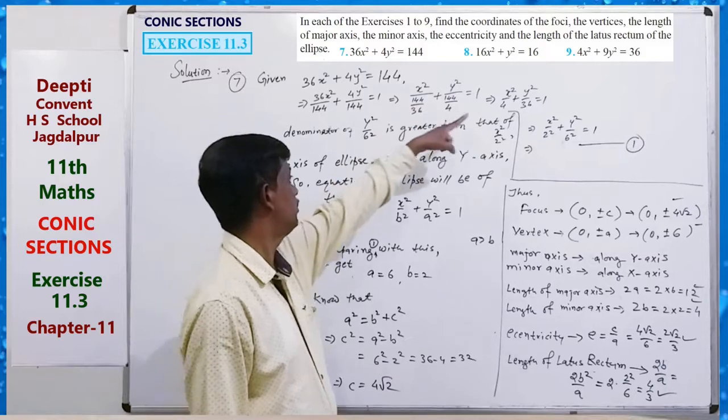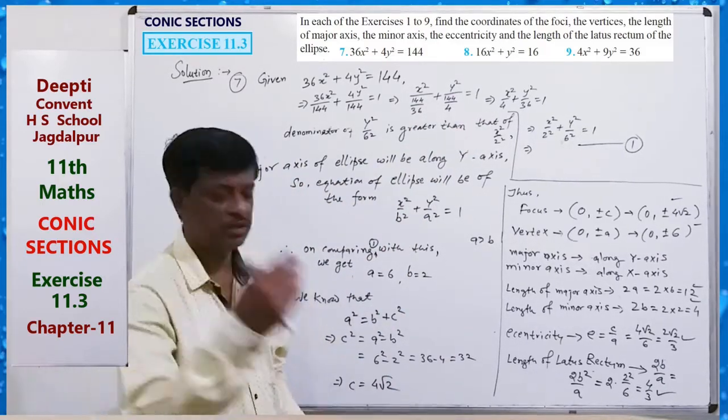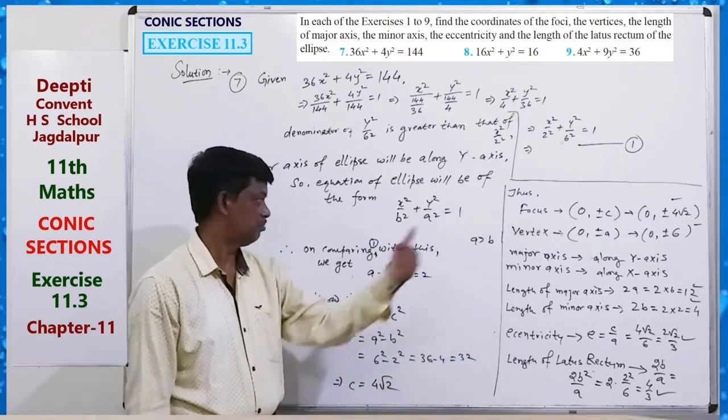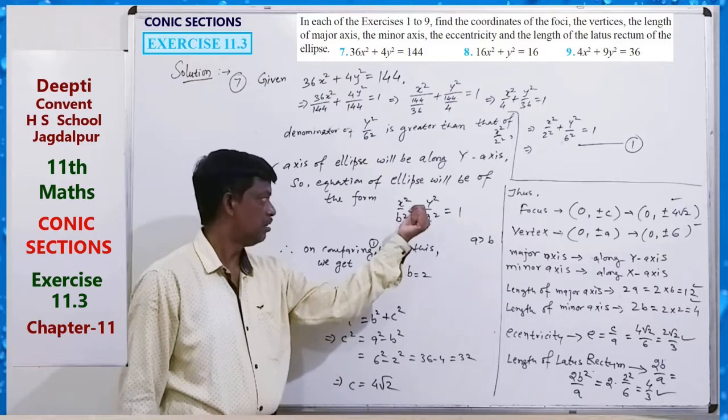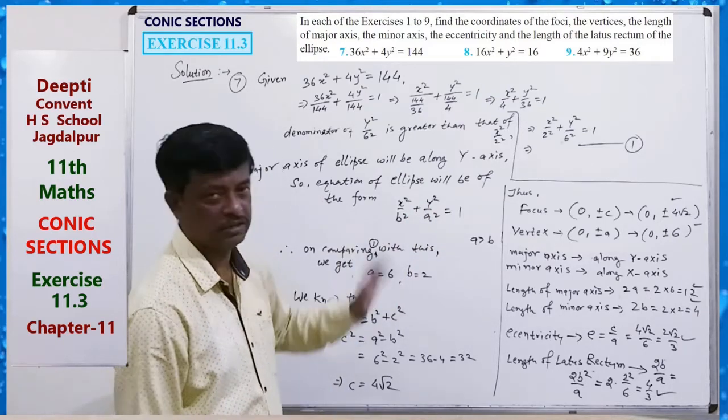Compare the given equation with this, and we can find a and b. By using the formula we can get c. These formulas depend on the format of the ellipse. Just find the format and then solve.